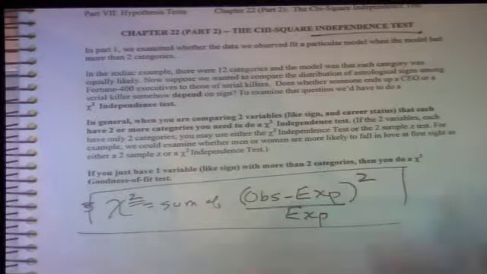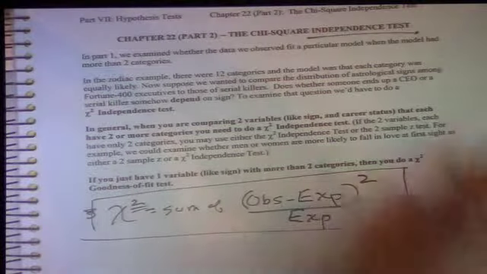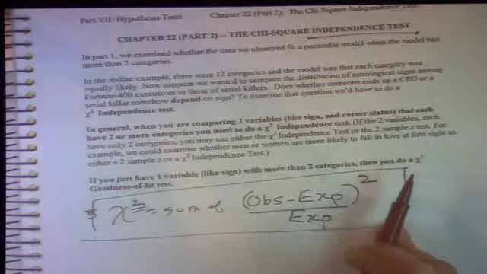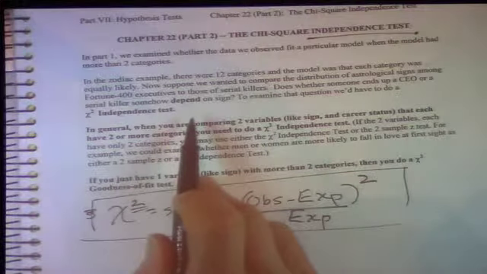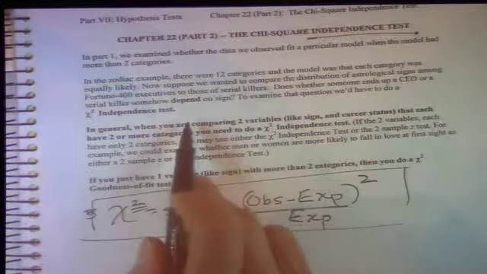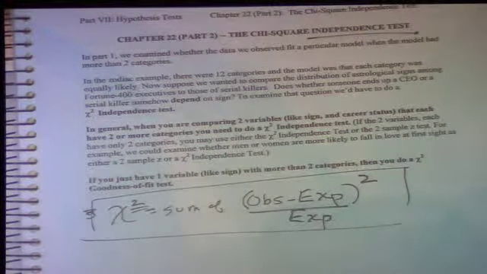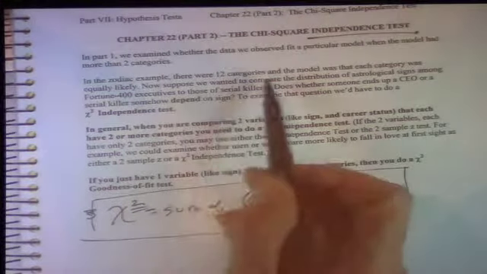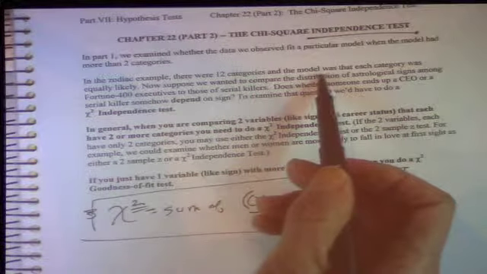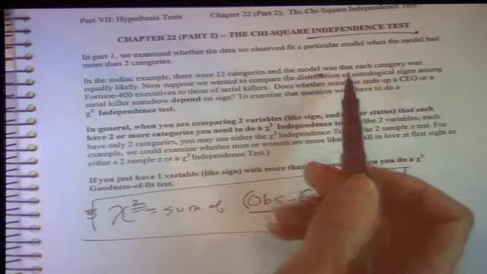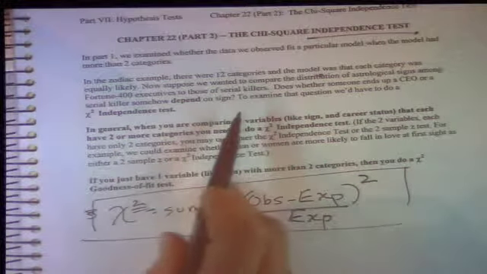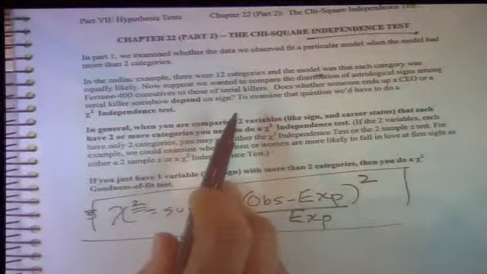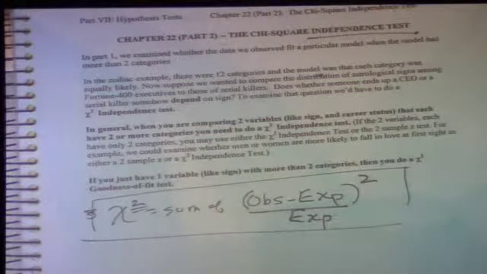All right? And I did the same thing here. I explained it with the zodiac example. Remember, in our zodiac example we had 12 categories, and we said they were all equally likely. But what if we wanted to compare serial killers to Fortune 400 executives, to the most and least successful people in our society?